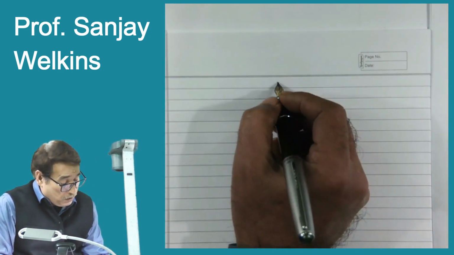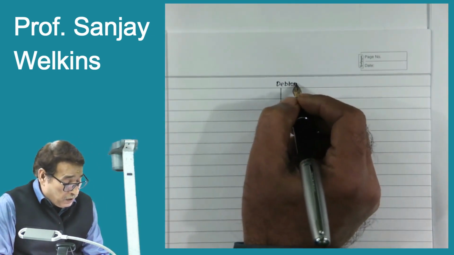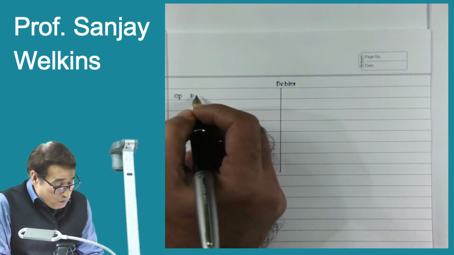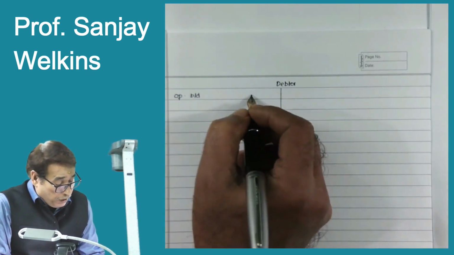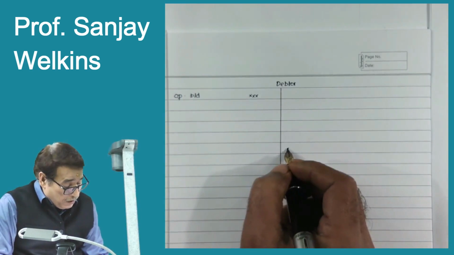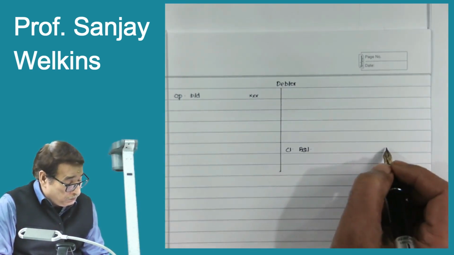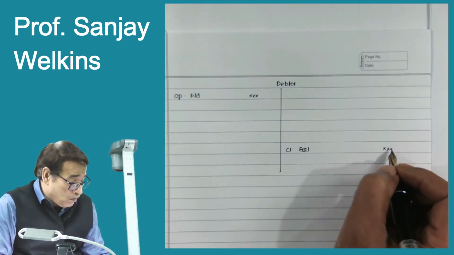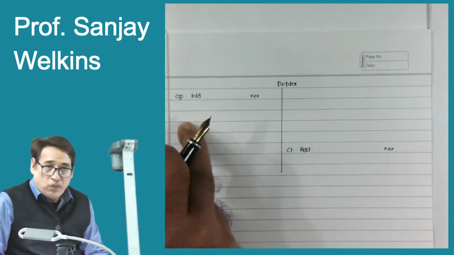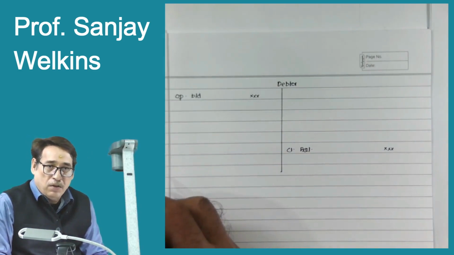Debtors is an asset, so the opening balance brought down will be written over here, and the closing balance we will write here. As you know, anything which will increase the asset must be debited and anything which will decrease the asset must be credited. Is it clear to you or not?